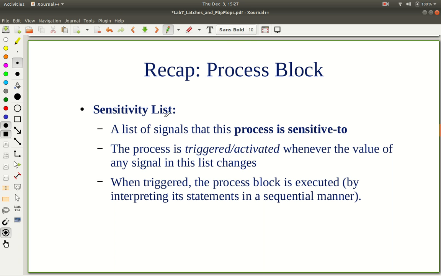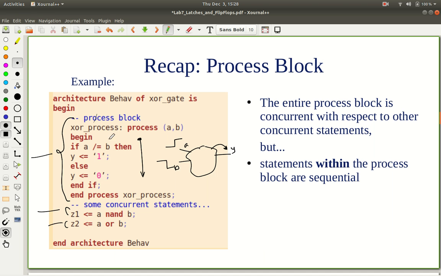So this is the way a process block is executed. The sensitivity list is the list of signals on which, if any change occurs, the process should be triggered or evaluated. So the process is sensitive to these signals. Okay. Now notice that there can be other signals acting like an input here, but they may not appear in the sensitivity list.